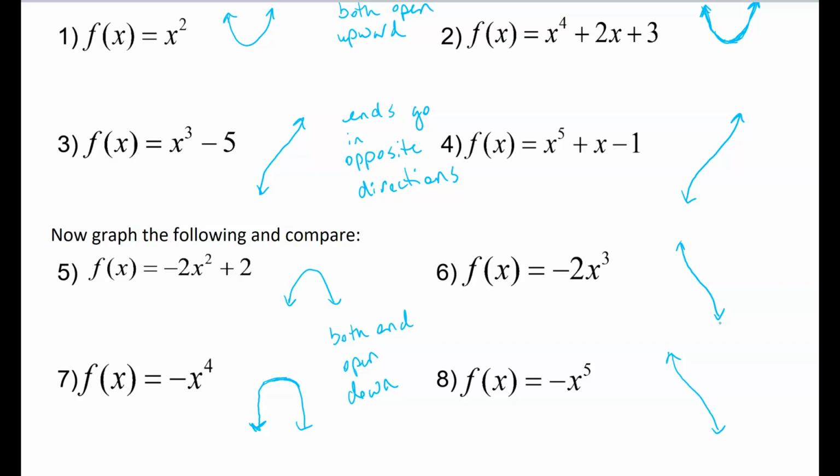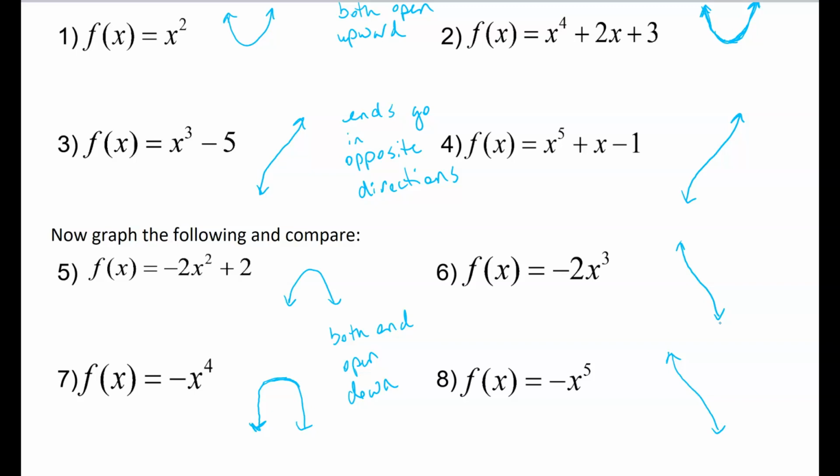If the degree is odd, it's either going to be this or this. If the leading coefficient is positive, it'll go up, and if it's negative, it'll go down or be the opposite. Thank you, Allison. That's exactly what we are after.